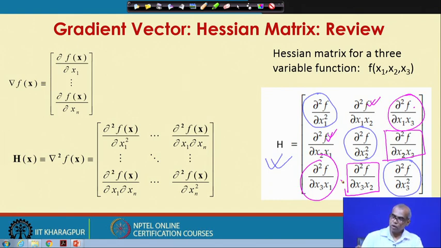This del square f del x 1 del x 2 and del square f del x 2 del x 1 are equal. Similarly, this and this are equal, this and these are equal. So, a symmetric square matrix. The components are second partial derivatives of the function.